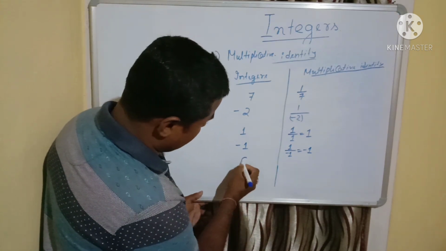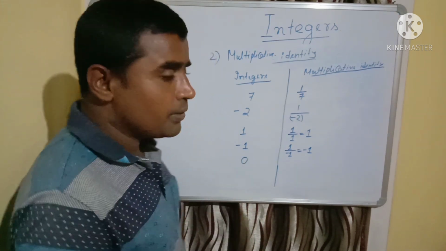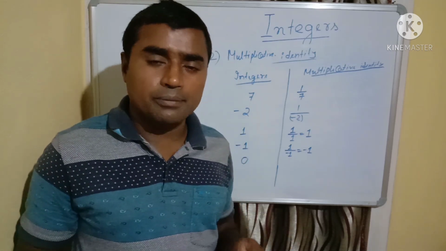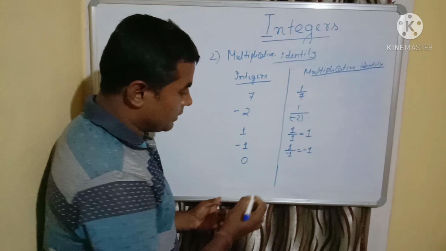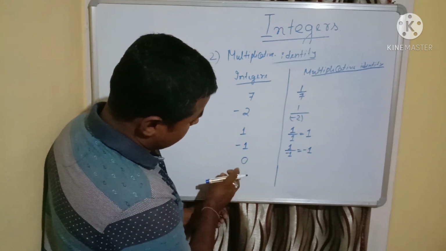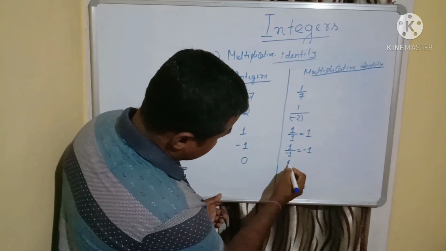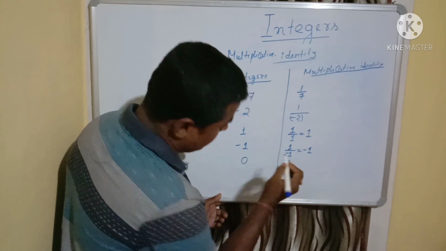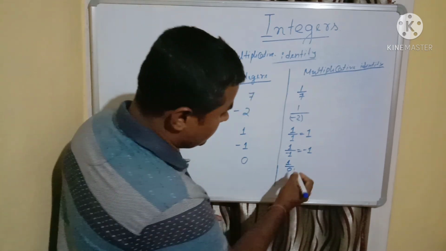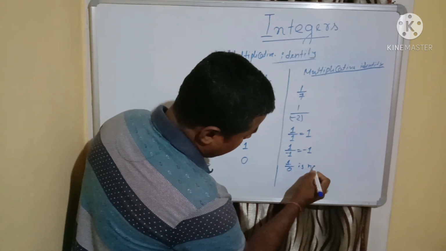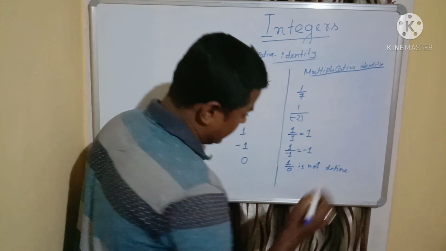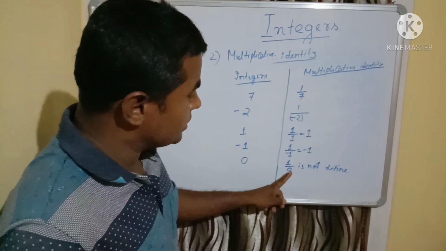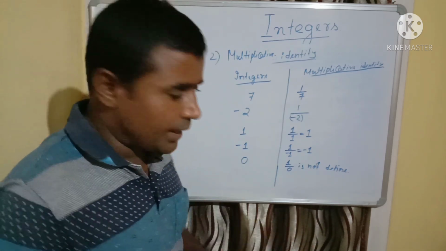Similarly, 0 has no multiplicative identity. It is because suppose 0, then it becomes 1 by 0. So 1 by 0 is not defined. This is why 0 has no multiplicative identity.